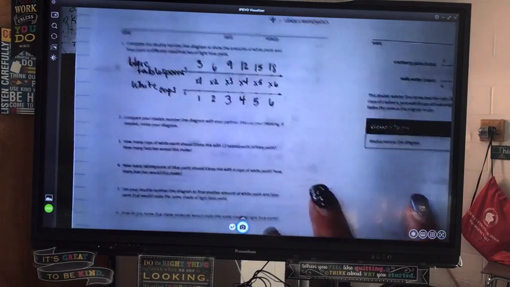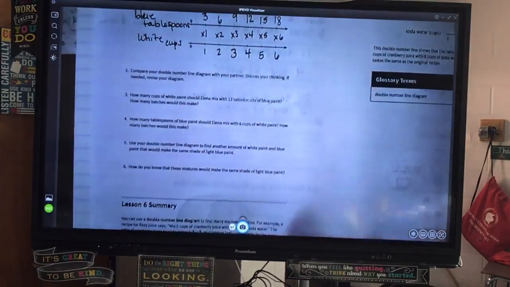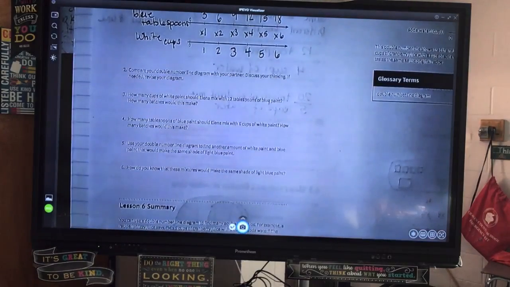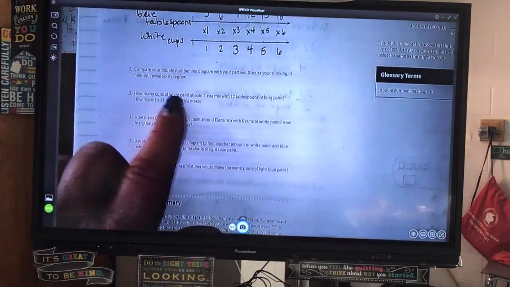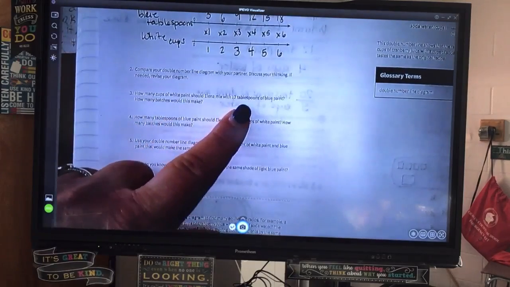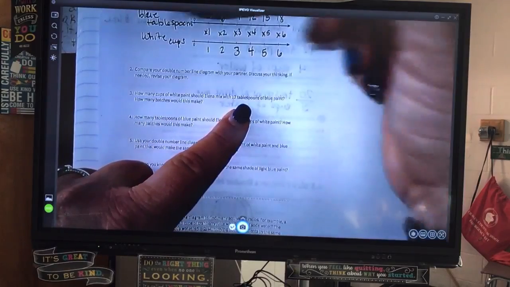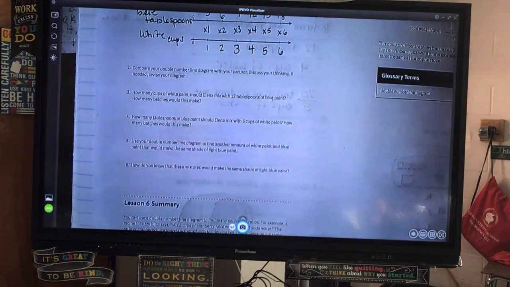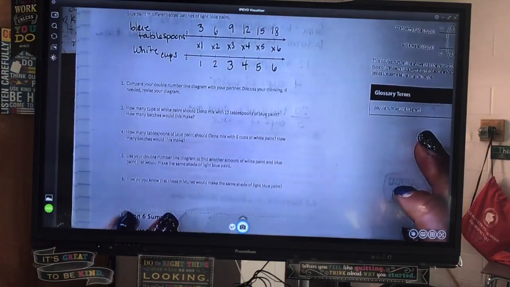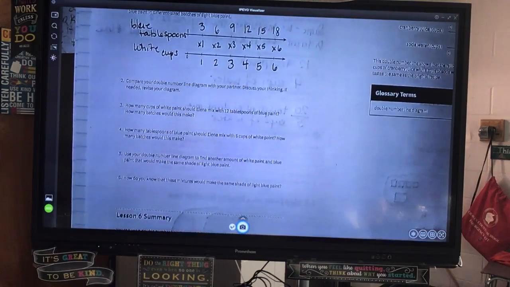All right. Number 3 says how many cups of white paint should Elena mix with 12 tablespoons of blue paint? So how do we go about figuring this out? We're trying to find out how many cups of white paint for 12 tablespoons of blue paint. So go ahead and circle which one would give you your ratio for 12 tablespoons.